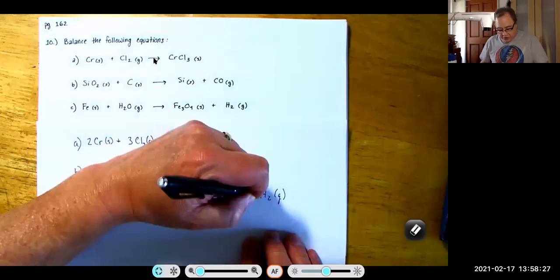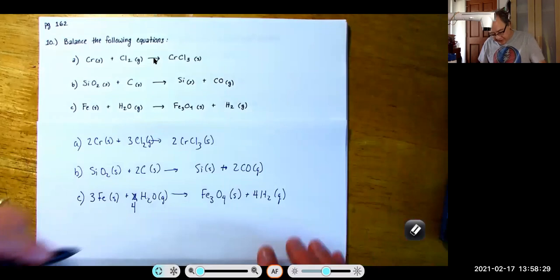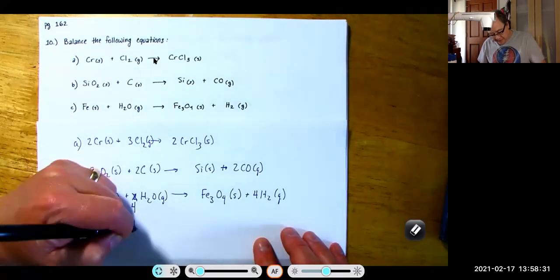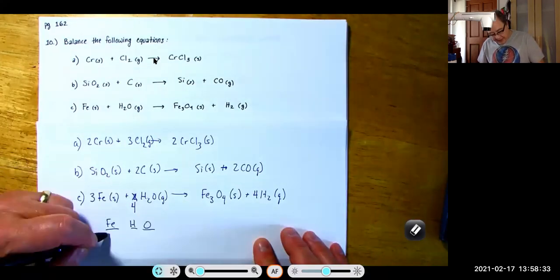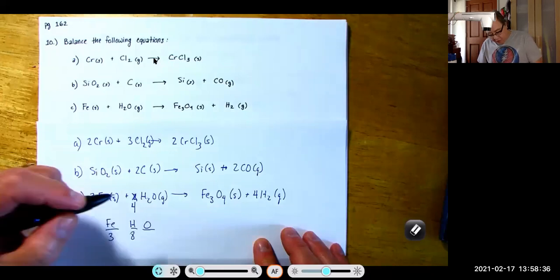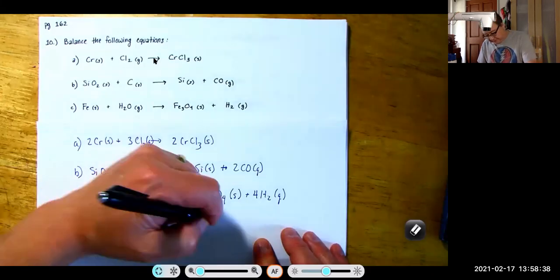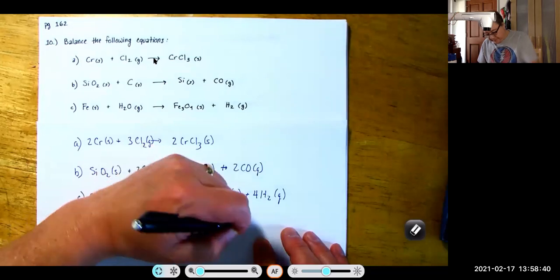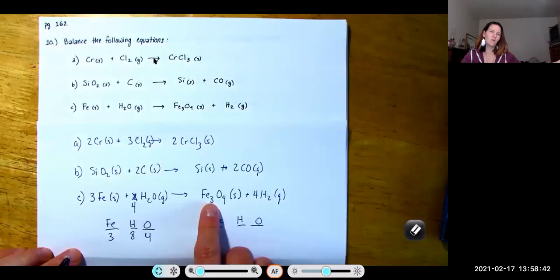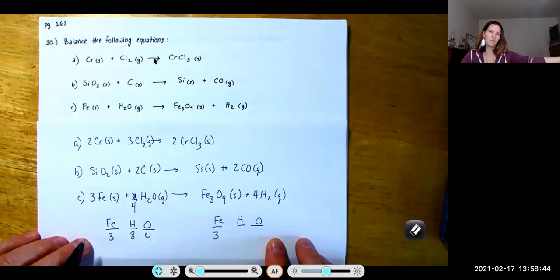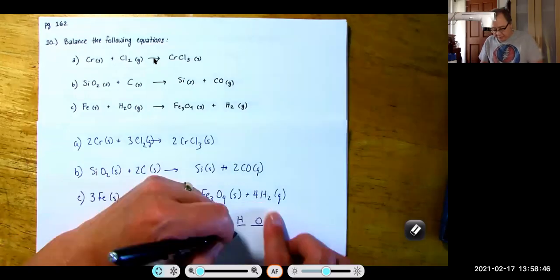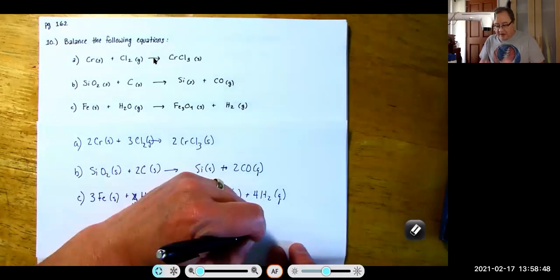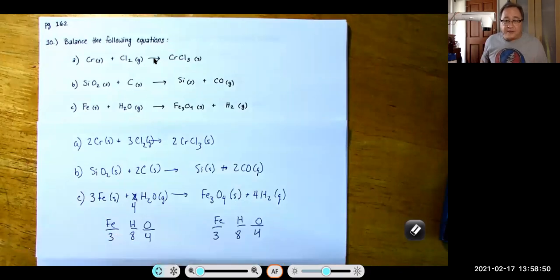And you can always make a little list and check it out. 3 irons, 8 hydrogens, and 4 oxygens. 3 irons, 8 hydrogens, and 4 oxygens. 3, 8, 4, 3, 8, 4, boom, we're done.